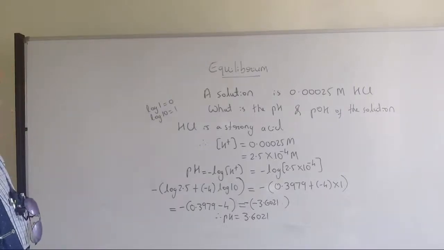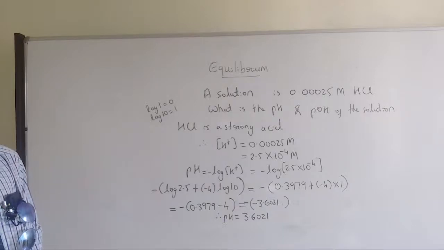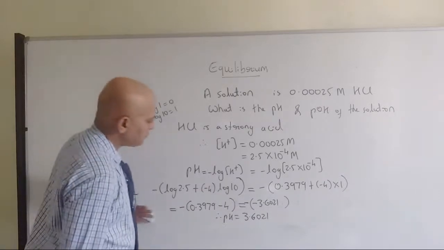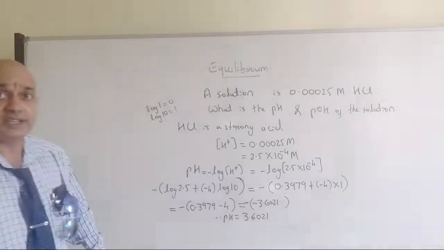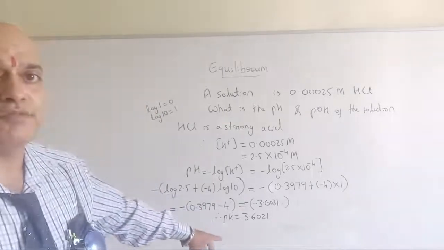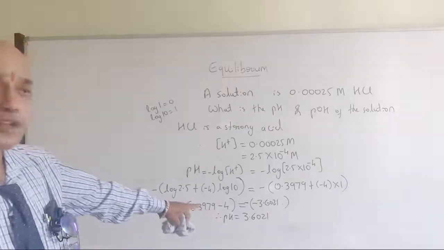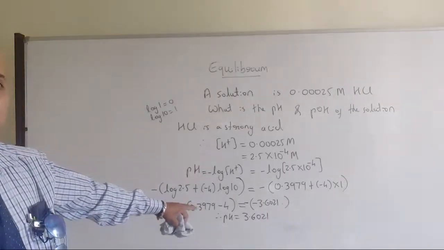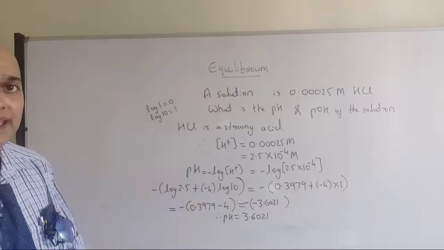Now it is halfway. We have to calculate the pOH value. Anyone? What we should do? pH we have calculated. Any doubts up to here? Okay, fine. We have got the answer as 3.6021. Any doubts?